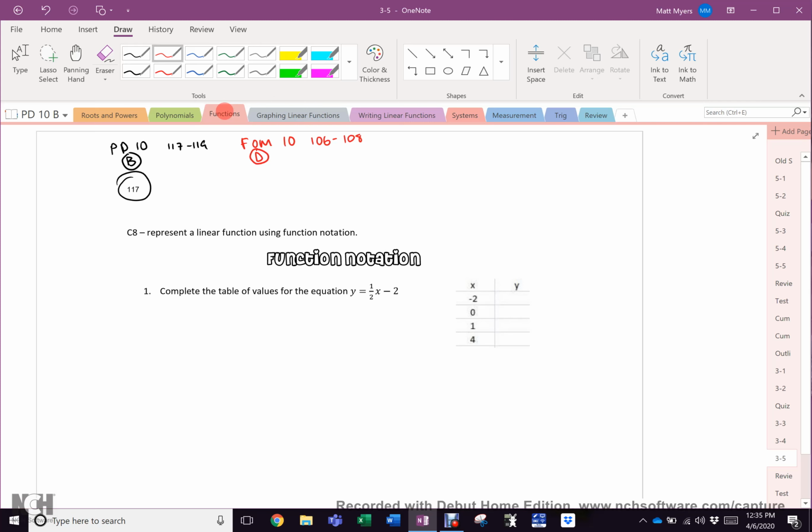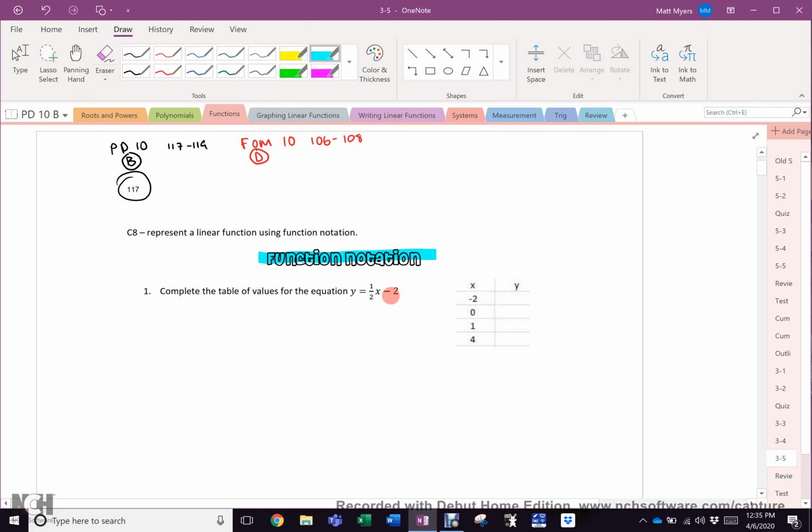So I want you to see it now. So we are going to learn what is called function notation. Now, function notation simply is based on a new way of writing this.